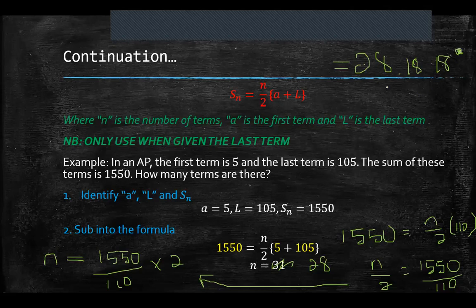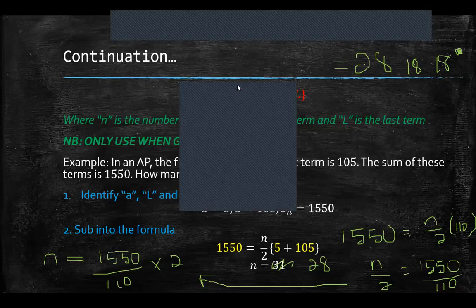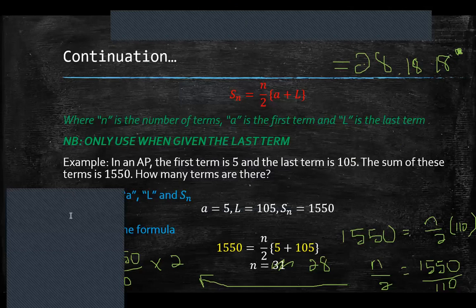So you're asking, why can't it be 28.2? Because n is the number of terms in my series or sequence, and you cannot have a fraction of a term. You have to round it down to 28.